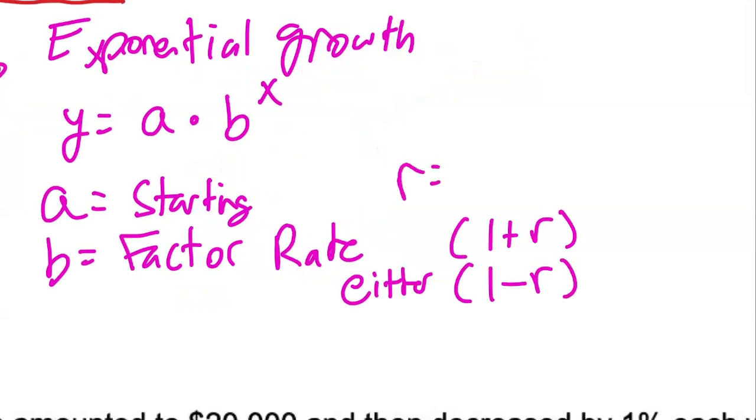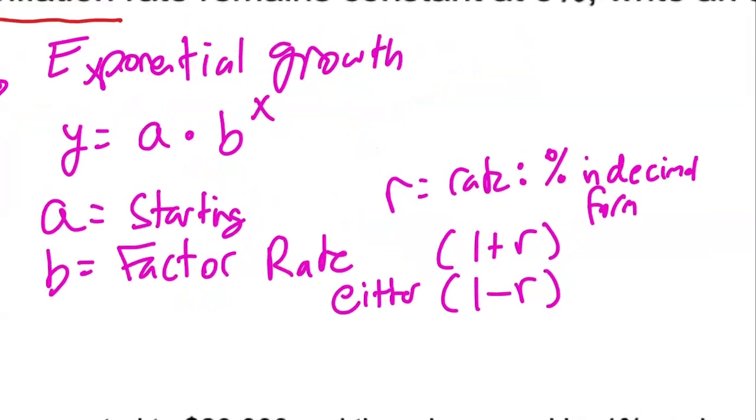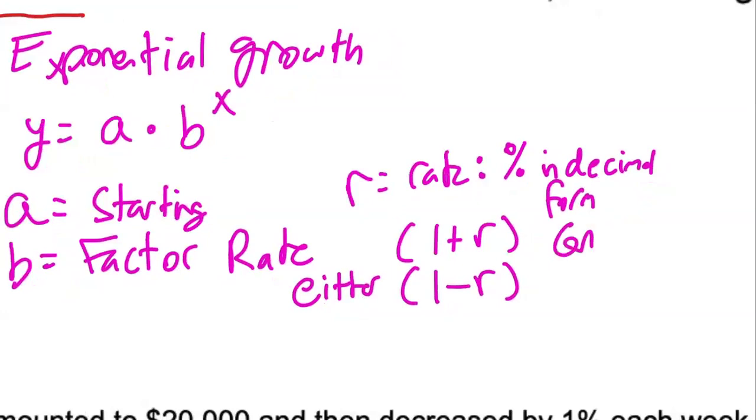And then r means your rate, your percentage in decimal form. 1 plus r is growth, and 1 minus r is decay, meaning it's getting smaller. So please make sure you have those in your notes because it is very, very important.